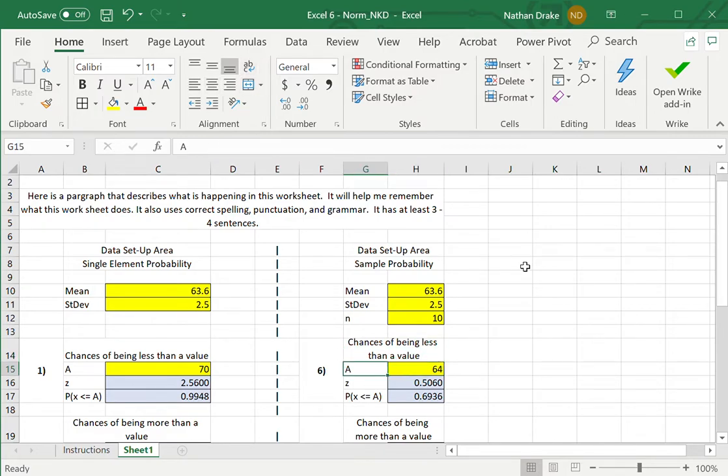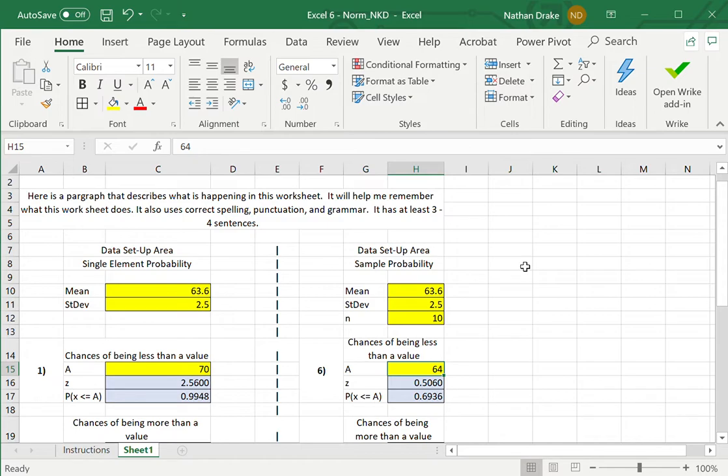So if we want to know what is the chance that the mean of 10 individuals will be less than or equal to 64, if we know that the population of individuals has a mean of 63.6 and the individuals have a standard deviation of 2.5, what we can do is convert this to a z-score.